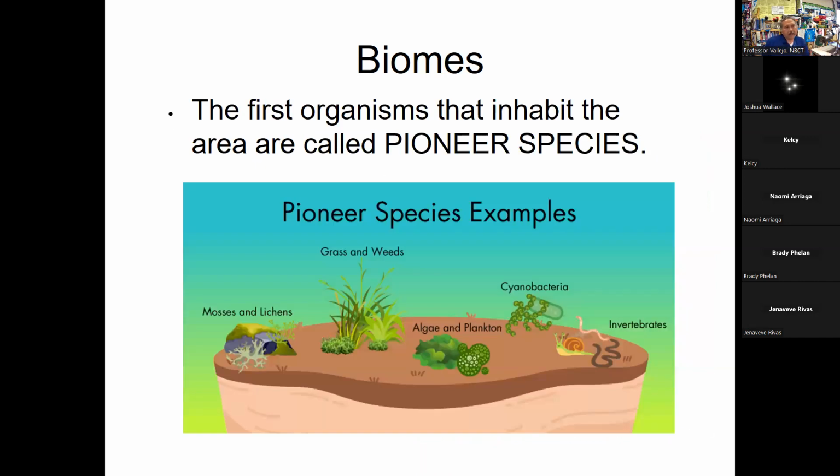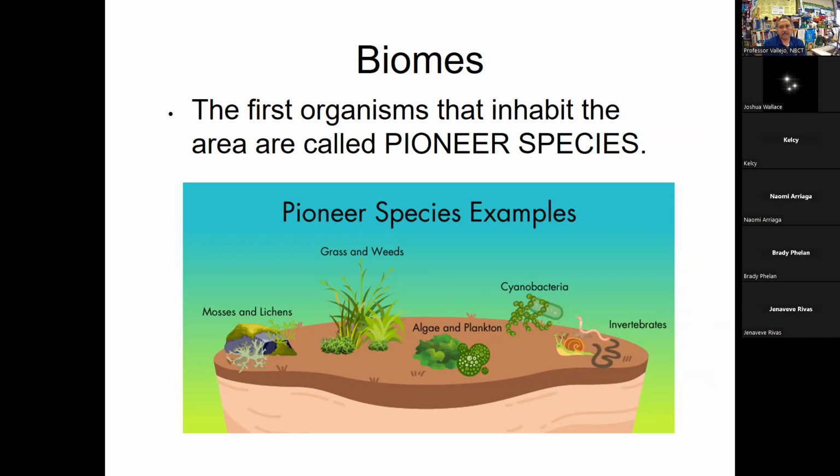All right, so biomes are made when organisms come in, and essentially the first organisms that inhabit the area are called pioneer species. So if you have a new island pops out of the Pacific Ocean, or an area that was totally ravaged by fire and then life starts coming back in, then it's the pioneer species that come in first.